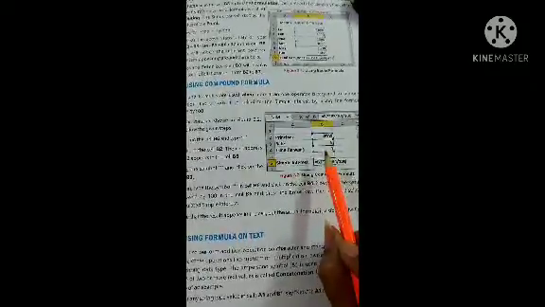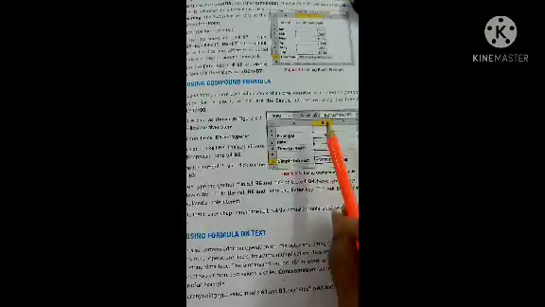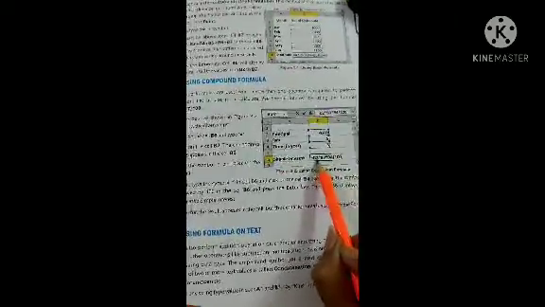Now we have to write the formula to get the simple interest as the answer. First of all, write the equals to sign. Two methods are given: first, you write constant values, and second, you use cell addresses.